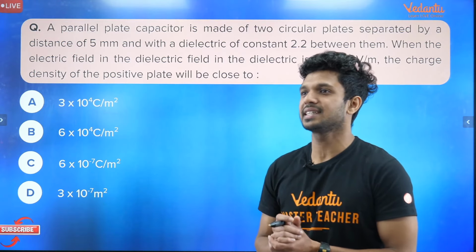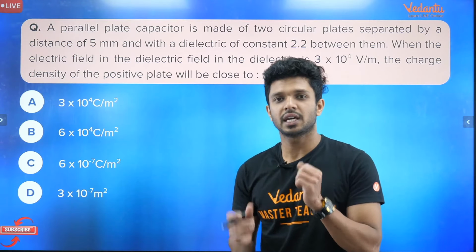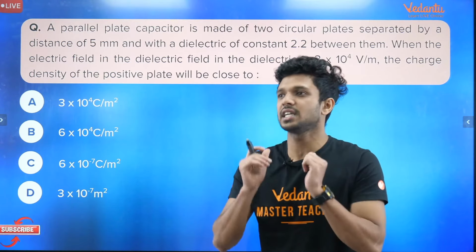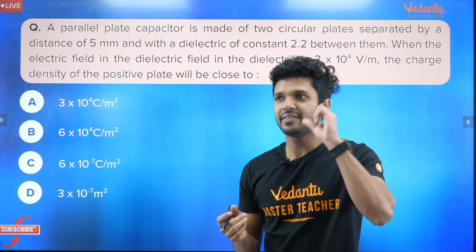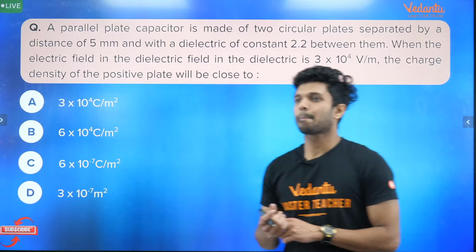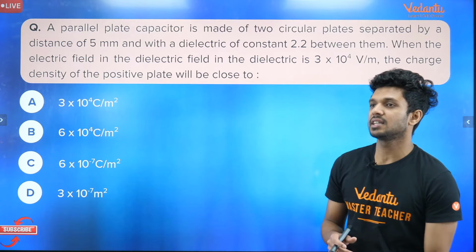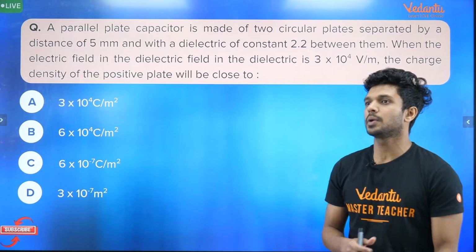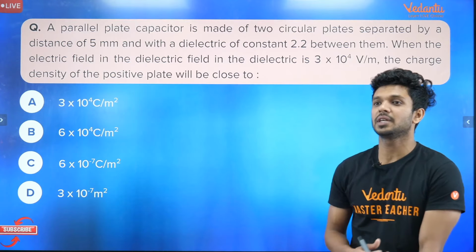So the question goes like this: a parallel plate capacitor is made of two circular plates, separated by a distance of 5 mm. So that D value is given, with a dielectric constant of 2.2 between them. When the electric field in the dielectric is given as 3 into 10 power 4 volt per meter, the charge density of the positive plate will be close to.